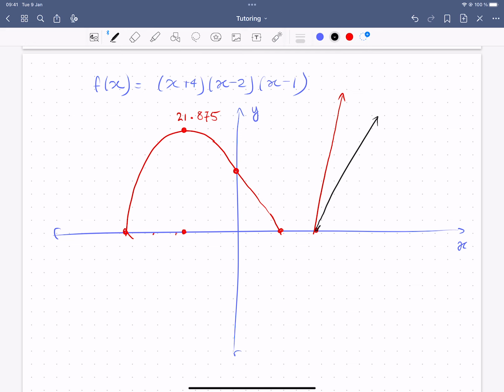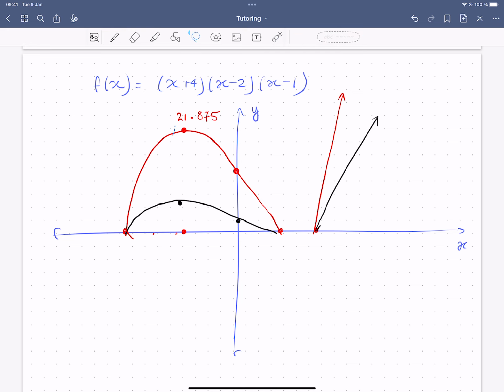We get about 4, so that's going to be all the way down here. But we've also got our y-intercept, which was 8. If we take the square root of 8, we get 2, so that's going to be down here. So yeah, we can see that's what's happened in our graph.